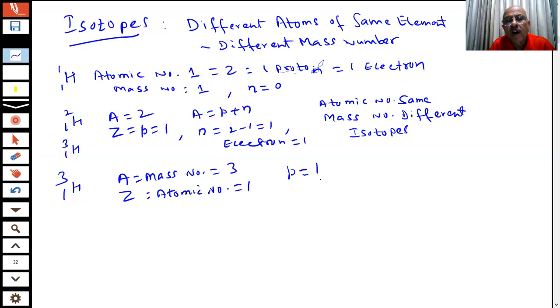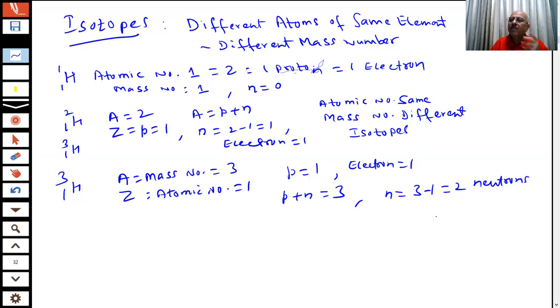So proton 1 and electron 1. Then what is the story? P plus N is equal to 3. How many neutrons? 2 neutrons. So the isotopes have the same number of protons because the atomic number is the same, but a different number of neutrons. Is it clear?